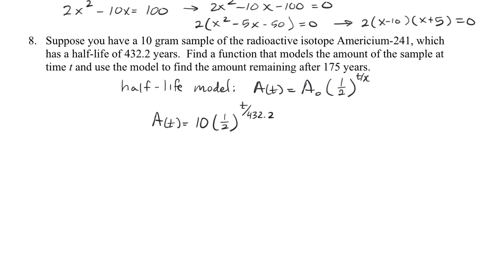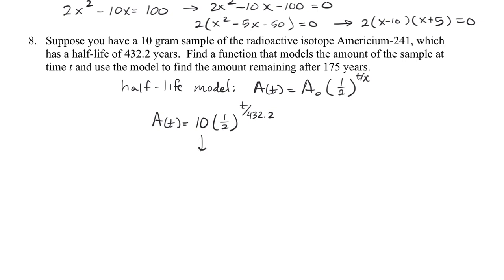And you have to make sure now that the given half-life unit of measure is the same as what you're trying to find, years and years. And that same thing goes for a doubling time model, because sometimes I'll try to trick you and mix units of measure with time, so make sure these match, and they do. So there's the model we're going to use.